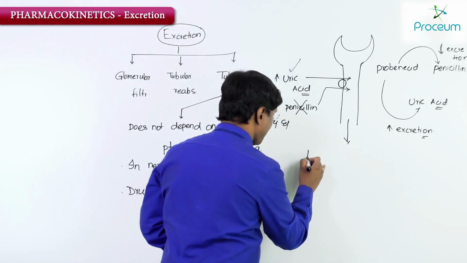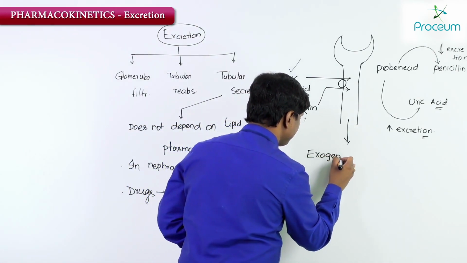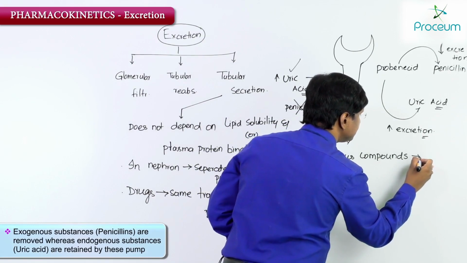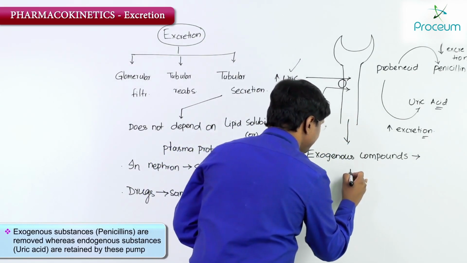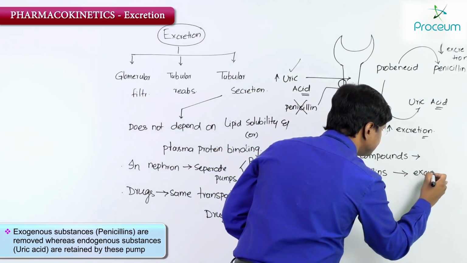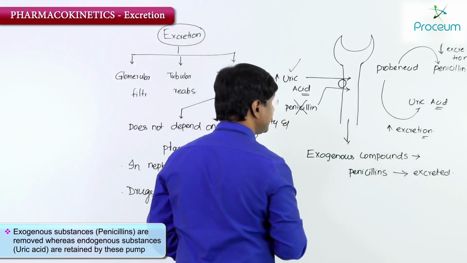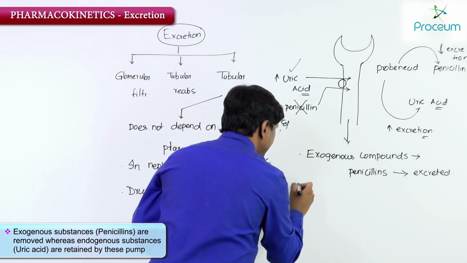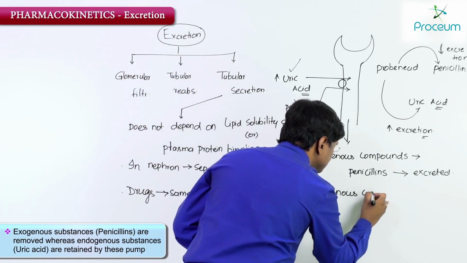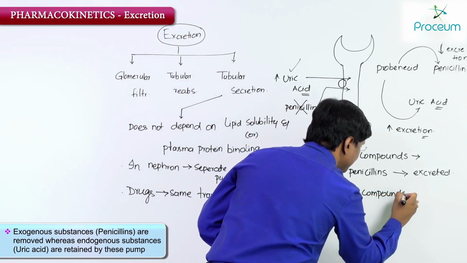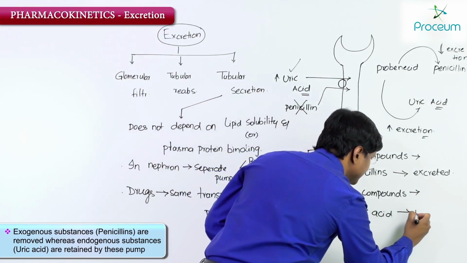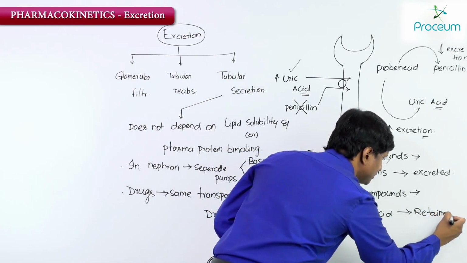So exogenous compounds like penicillins are excreted, whereas endogenous compounds like uric acid will be retained.